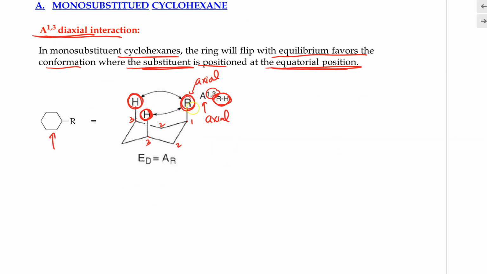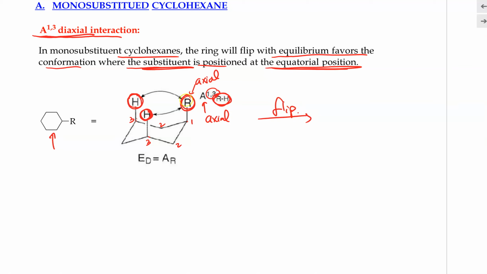So when the substituent group is located at the axial location, it has this interaction that destabilizes the molecule, and therefore this is not stable. And therefore the molecule will flip to produce the other conformation that would make it more stable.